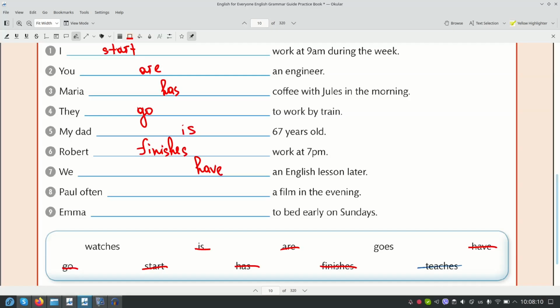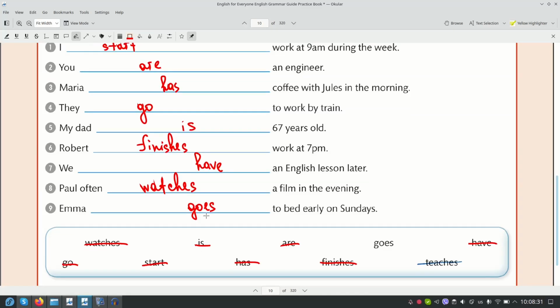Paul often watches a film in the evening. Emma goes to bed early on Sundays.